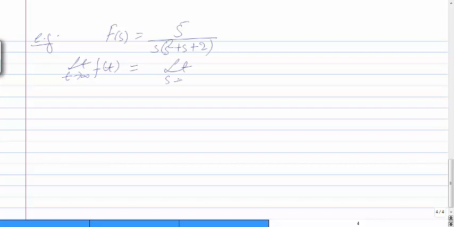For example, you are given F of s equal to 5 divided by s times (s square plus s plus 2). If I ask you to find the final value, you have to use the limit as t tends to infinity of f of t equal to the limit as s tends to 0 of s F of s. So I just plug in the values: the limit as s tends to 0 of s times 5 divided by s times (s square plus s plus 2).